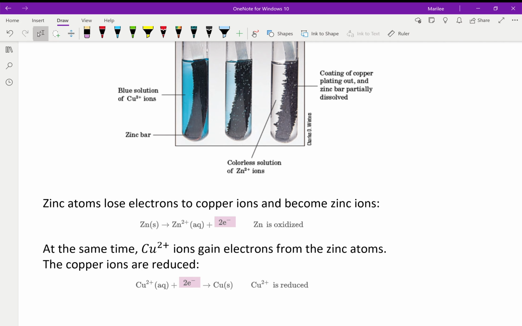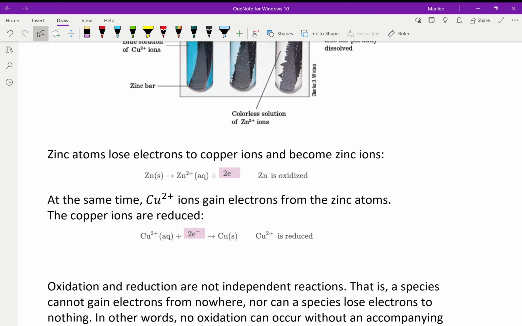So when we look at this equation, the zinc is obviously becoming oxidized, right? We're losing the zinc. And at the same time, the copper ions are gaining electrons from the zinc, so the copper ions are reduced.